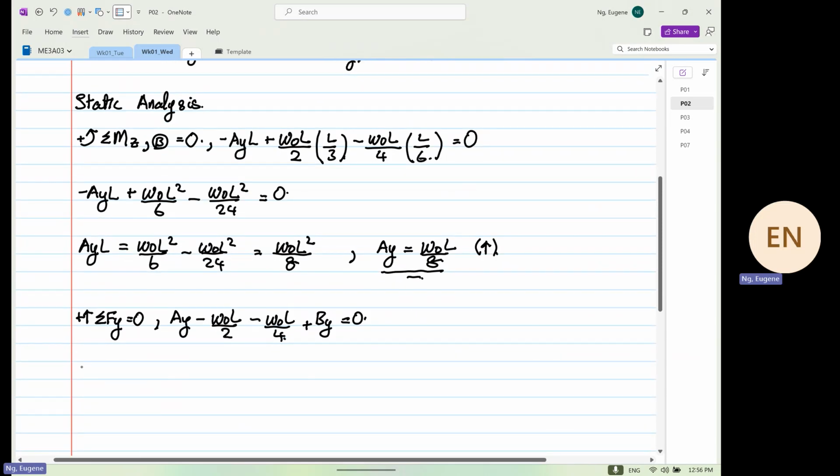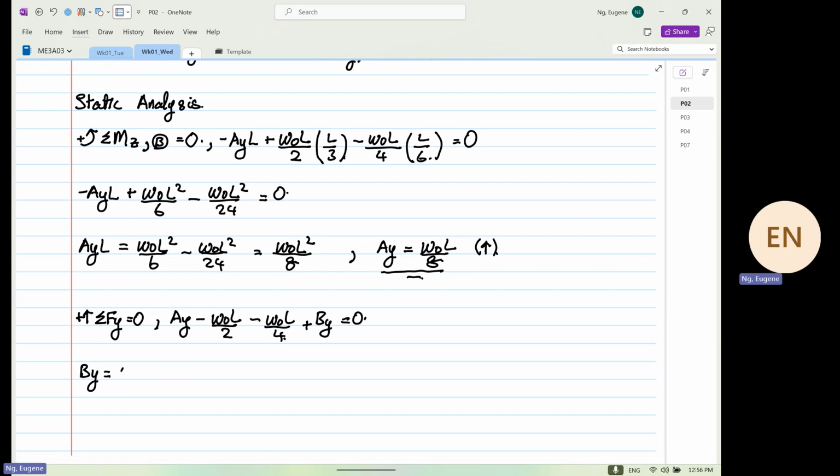So from here, we know that BY is equal to omega naught L over 2 plus omega naught L over 4 minus AY, which is omega naught L over 8. So half plus a quarter minus 1/8 is 5 omega naught L over 8. Okay, again, it's positive, and this is the condition.